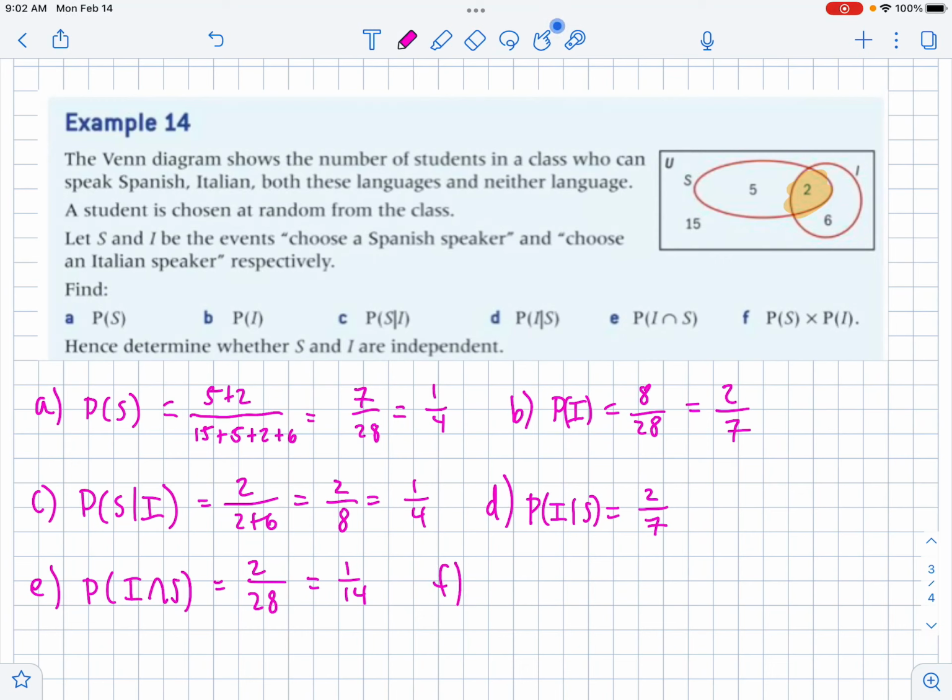And then part F, probability of S times the probability of I. Didn't we already find those? We did. We found the probability of S is 1/4 and the probability of I is 2/7. So we can just multiply those together, which is 1/14.